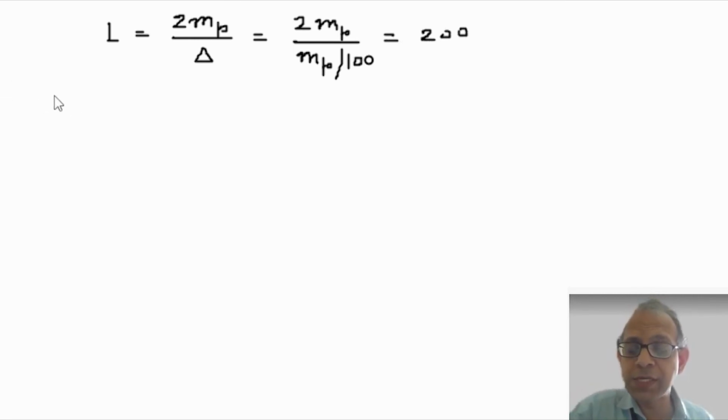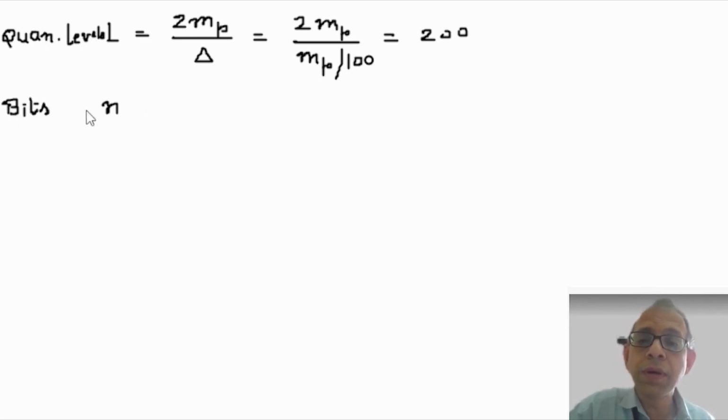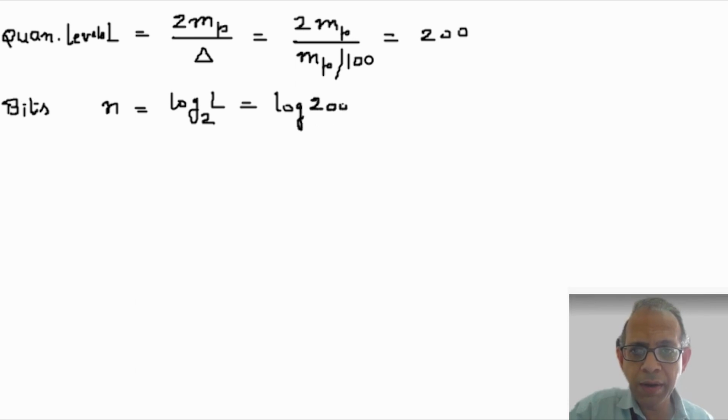Now the number of bits required per sample N: L is the number of quantization levels, and the bits needed to encode them, N, equal to log of L to the base 2, that is log of 200 to the base 2, and this comes out to be 7.64.